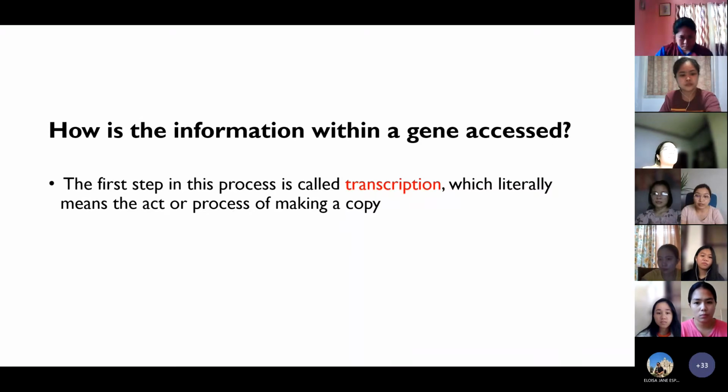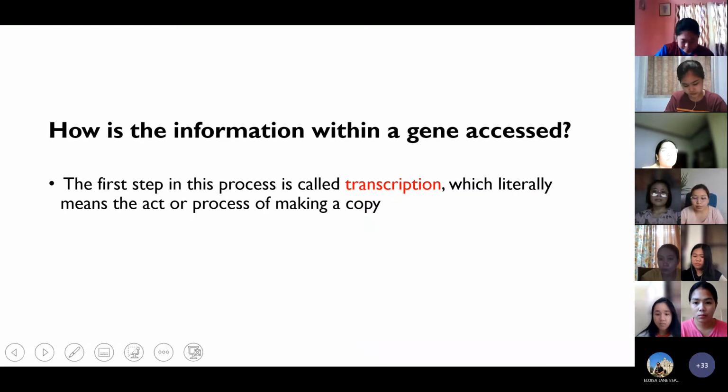The units that contain this information are called genes. Quick review: at the molecular level, a gene is defined as a segment of DNA that is used to make a functional product, which is either an RNA molecule or a polypeptide.